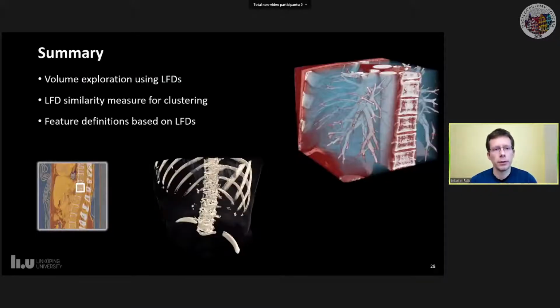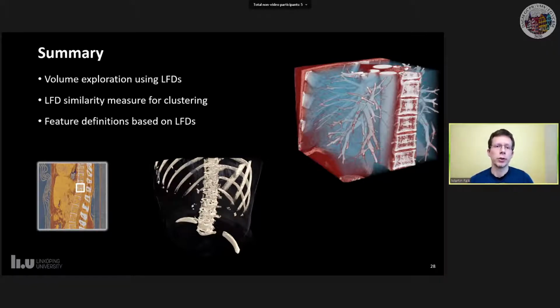To sum up, I have presented a novel method for volume exploration using local neighborhood information based on local frequency distributions, and we maintain a link between these frequency distributions in the attribute space and the spatial position in the data domain.